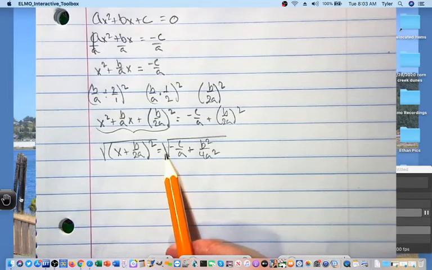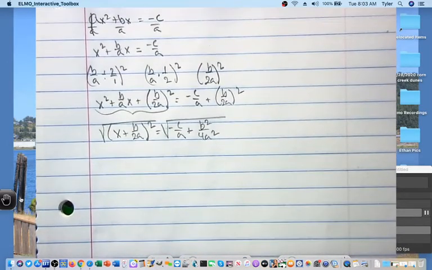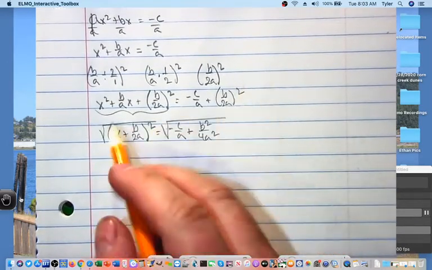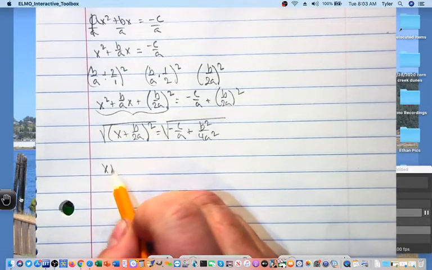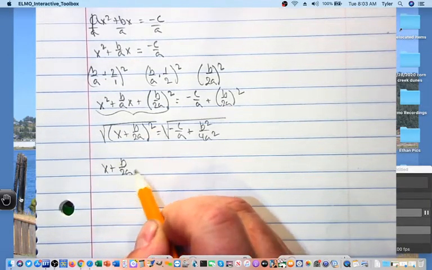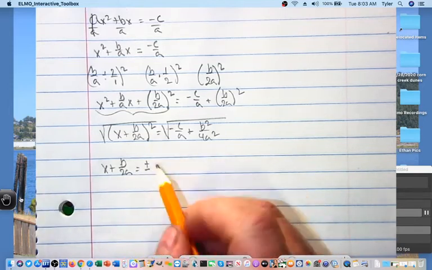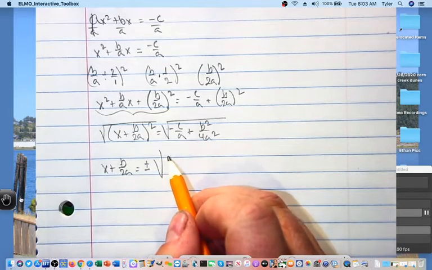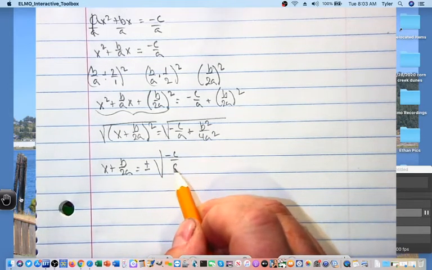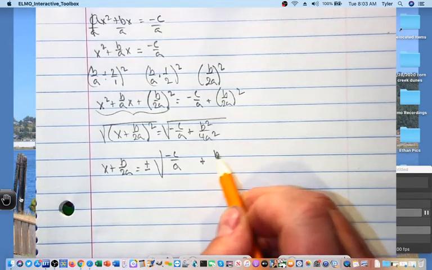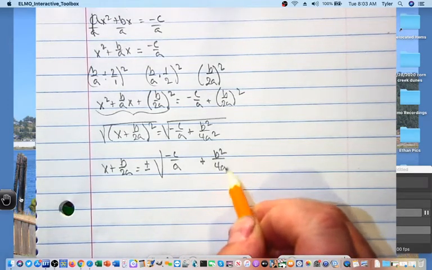Remember that this is going to be plus or minus, and the square root of something squared is going to be itself, so we end up with x plus b over 2a equal to plus or minus the square root of a negative c over a plus b squared over 4a squared.